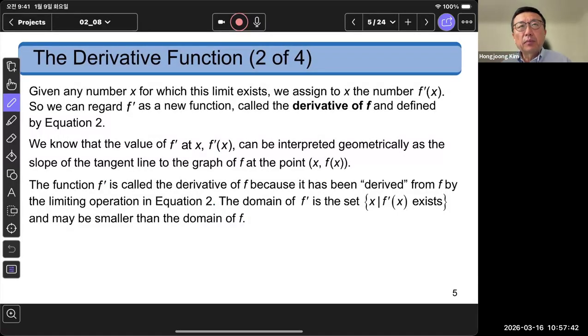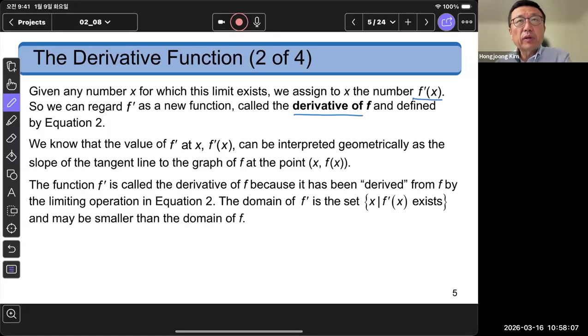So given any number x for which this limit exists, we assign to x this limit value f prime of x, so that we can regard f prime as a new function. And this new function will be called just the derivative of f. Okay.